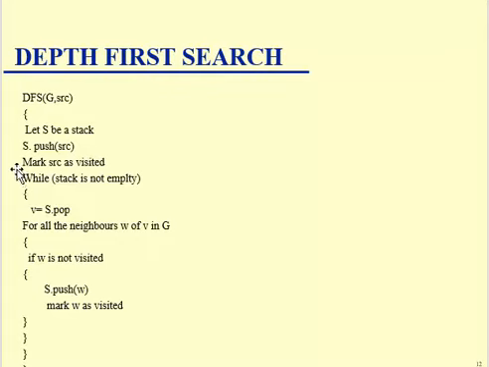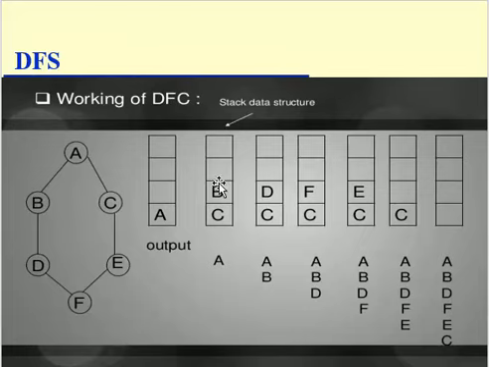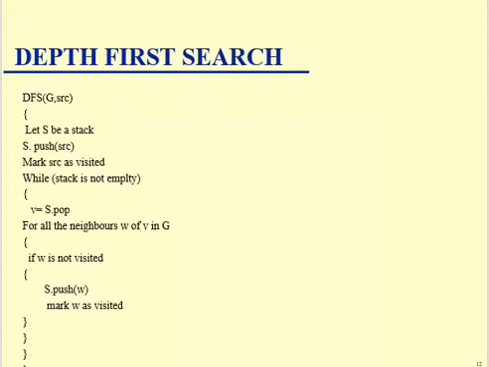Then what we had done: mark this as visited. Next, while stack is not empty, what are we doing? We are popping. You have to pop the element, print it, then take all the elements connected to this node. If the visited of them is 0, push them into the stack. So same thing, pop the element.